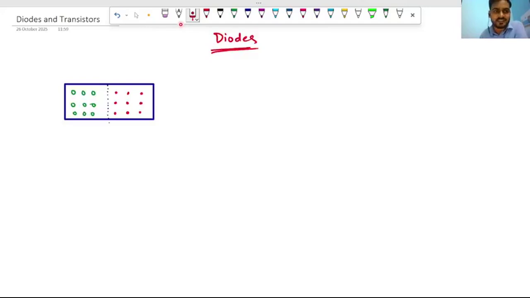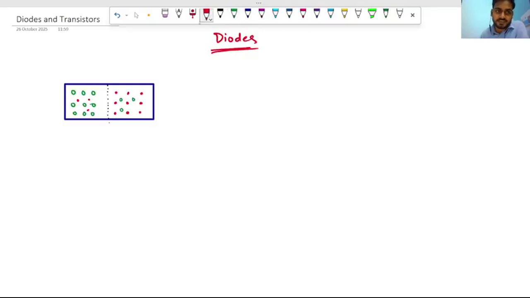So on this side the majority carriers are holes, and a few electrons will also be there as minority carriers. Similarly, on the right hand side there will be some holes, which are minority charge carriers.